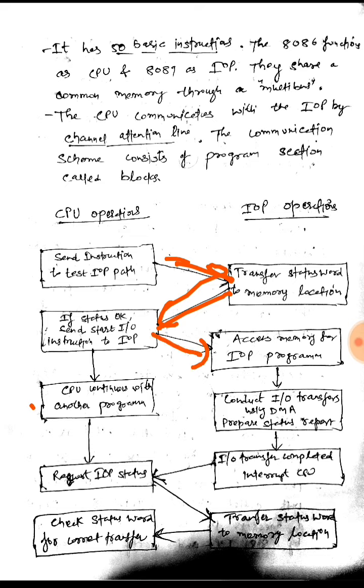Here it will receive this instruction and access the input output program in the memory, whereas the CPU continues with another program, and the IOP will conduct input output transfers using direct memory access and prepare status reports.